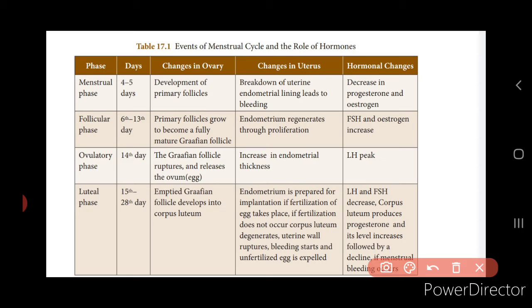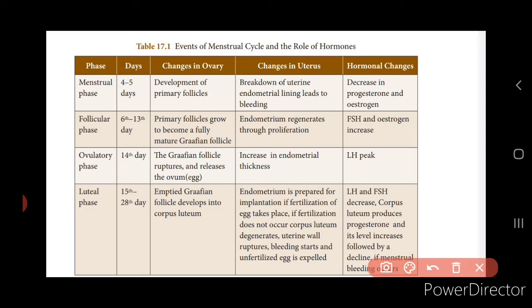And around 48 to 50 years of age, there will be a cessation of the menstrual cycle, and that stage is called the menopause. That is, the menstrual cycle stops at that period, and it is called the menopause stage. And if you see the reproductive period, the menstrual cycle takes place normally in 28 days, with a few variations, not very drastic variations, and it consists of 4 stages.